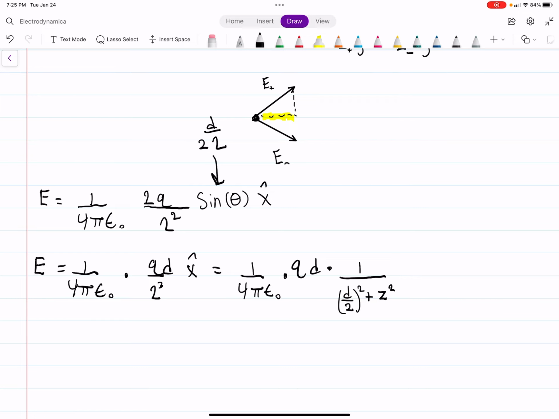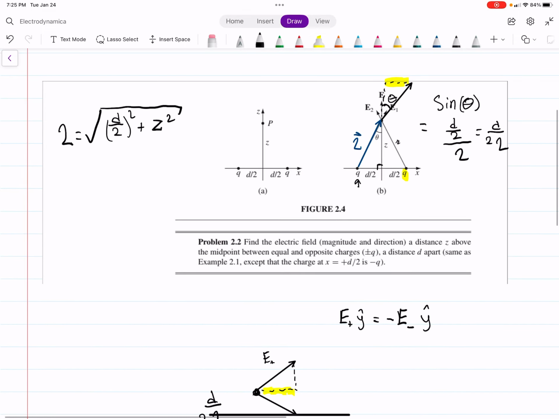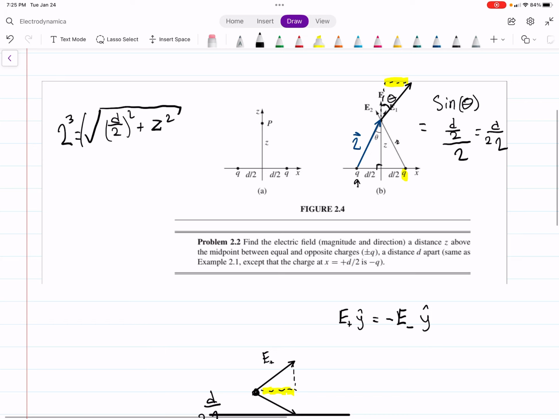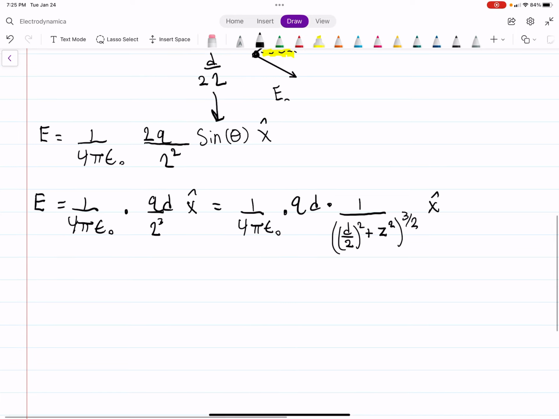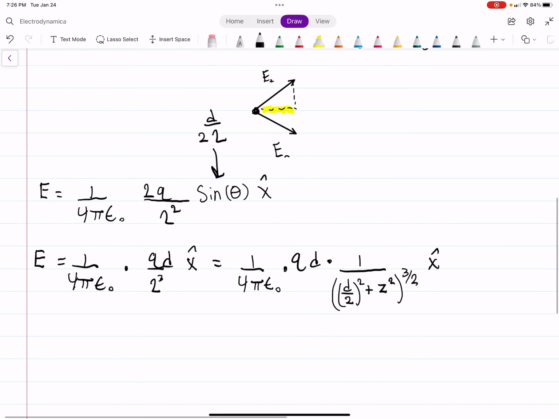We want that cubed, or you could just write this to the 3/2 power. Same thing. And this is in the x-hat direction. Okay, so this is your electric field.